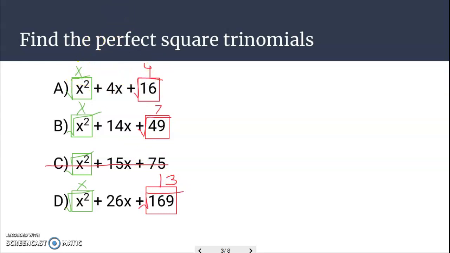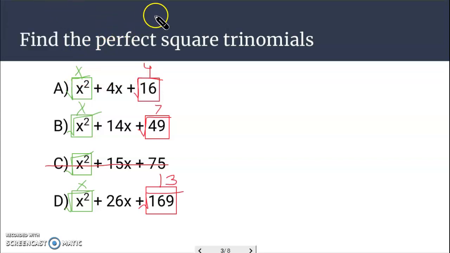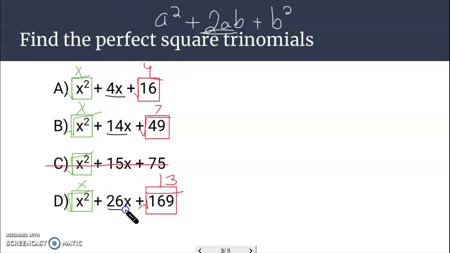Now remember, let me write that formula up here again: a squared plus 2ab plus b squared. So we know that the first and last terms are perfect squares. We've got to check this middle term for each of these. We want to see if the 4x, 14x, and 26x match that 2ab.